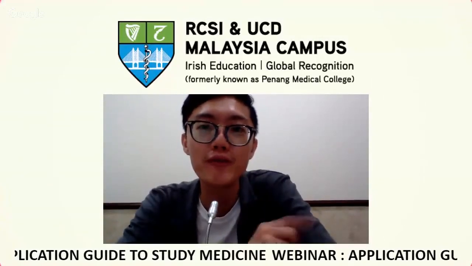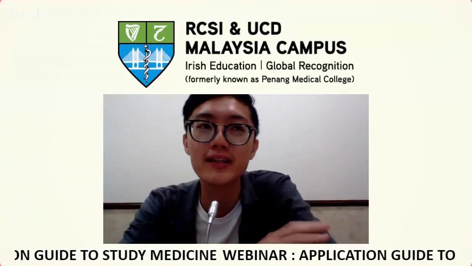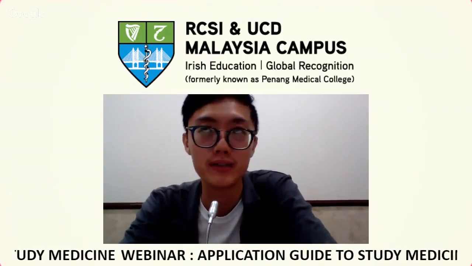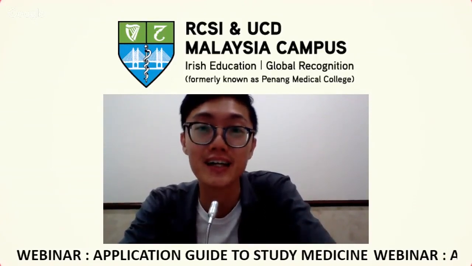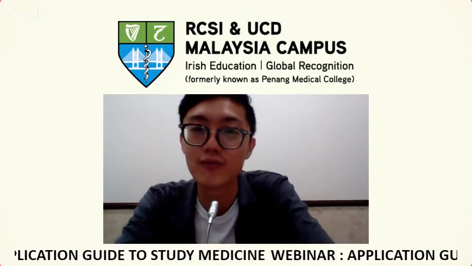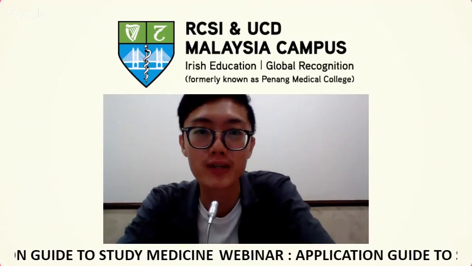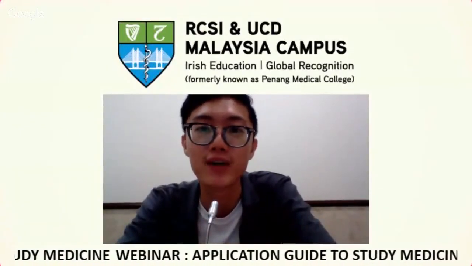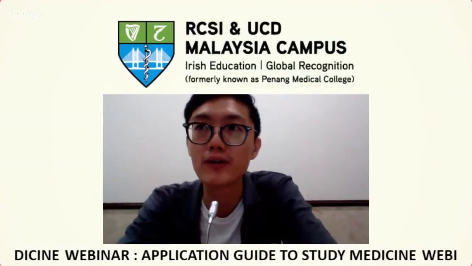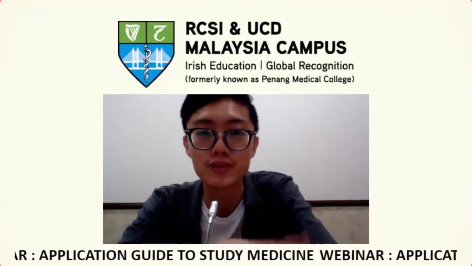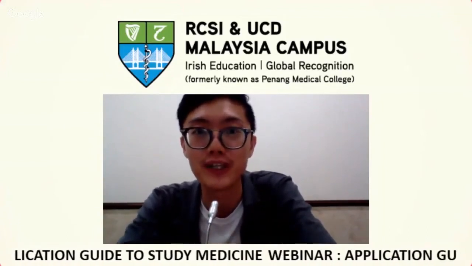If you have any questions, you can email us at inquiry@rcsiucd.edu.my. You can also go to our website to have a look, where we have the address. Coming back to the courier documents as well, you have to check the address there, so you know where to send them.